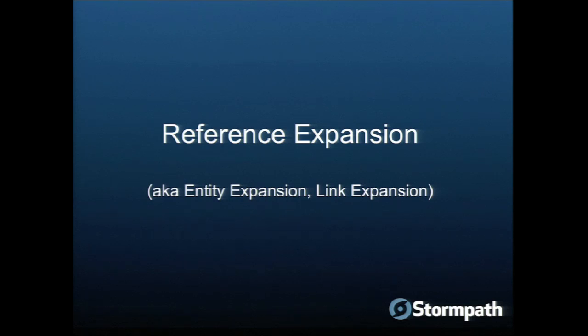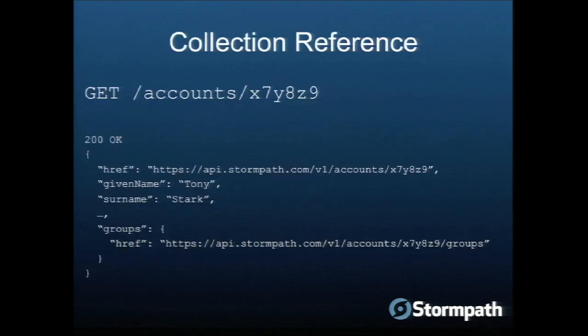On the previous slide, you chose to nest groups under accounts. Why was that chosen rather than making groups in the top level? So the question is, in the URI for the groups property, we've chosen to nest groups under accounts, as opposed to why weren't the groups represented as their own top level collection.